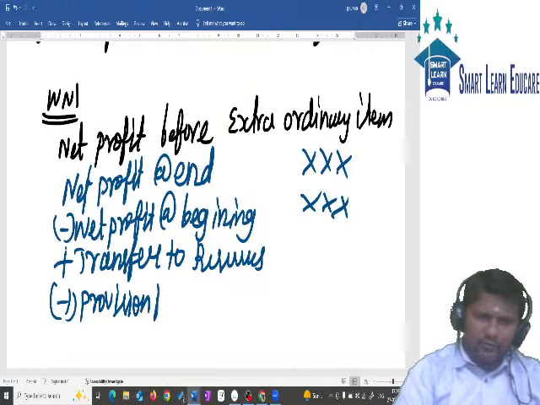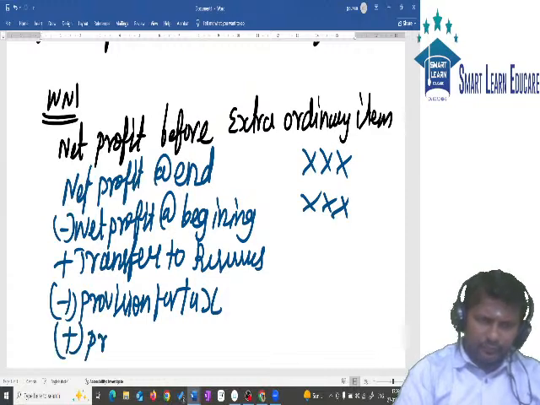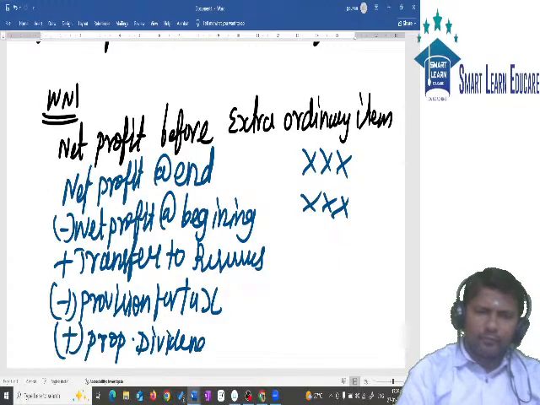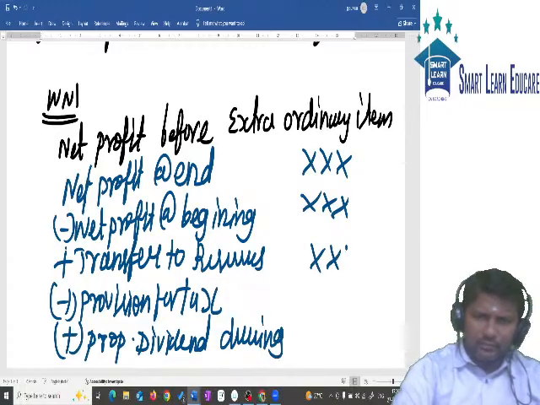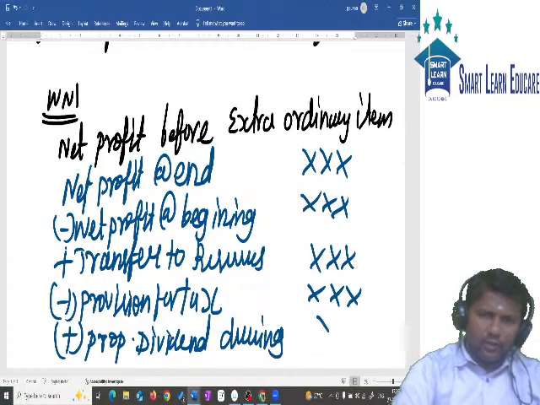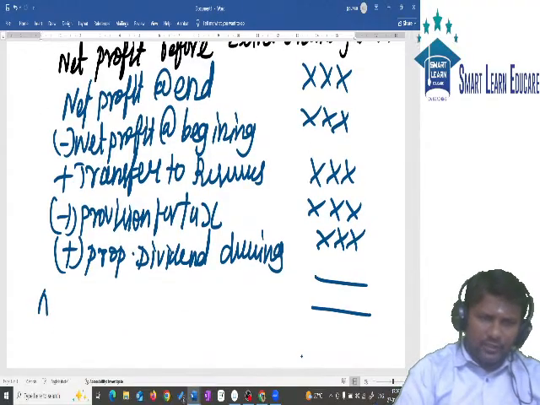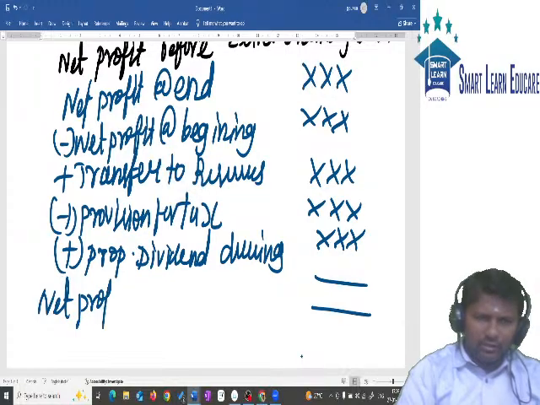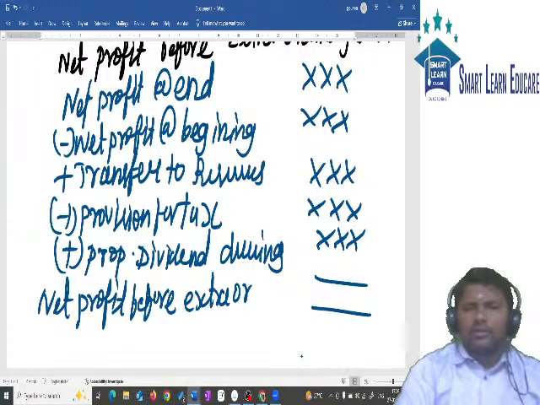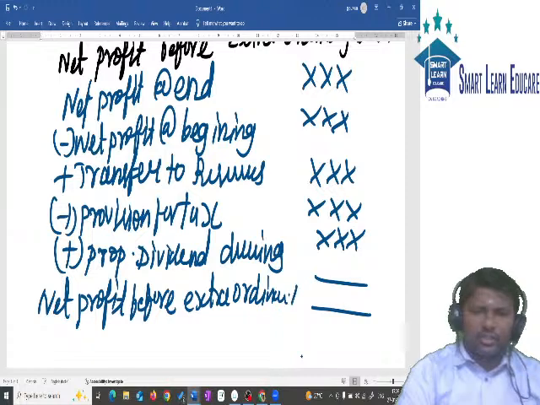Add back proposed dividend during the year. This will give you net profit before extraordinary items.